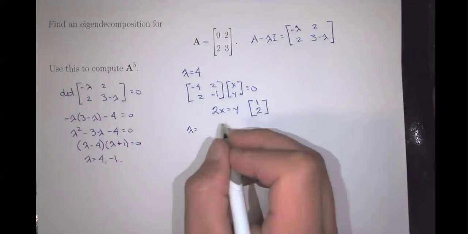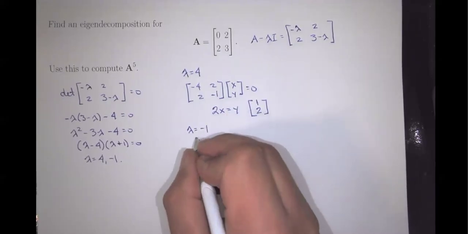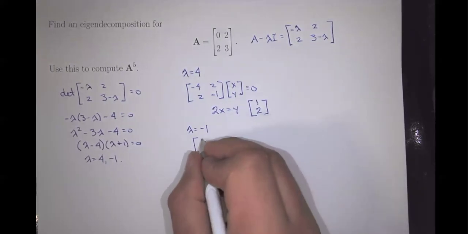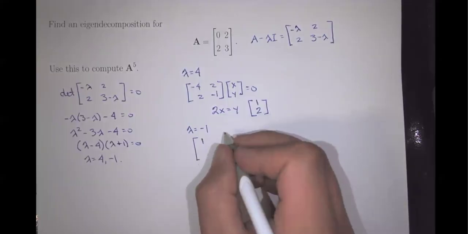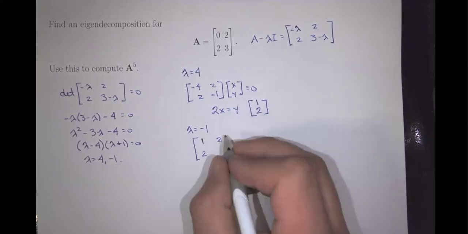When lambda is equal to negative 1, our A minus lambda I matrix becomes 1, 2, 2, 3 minus 1 is 4.